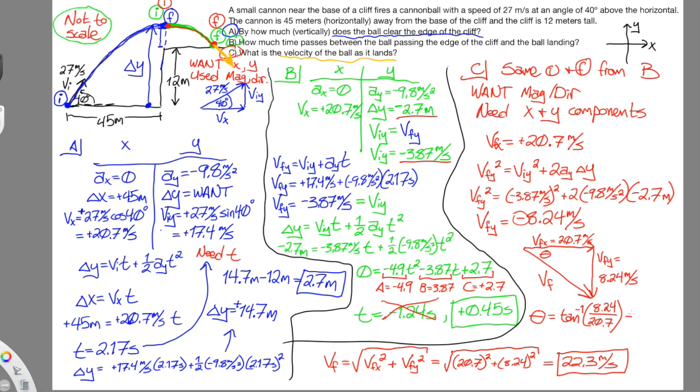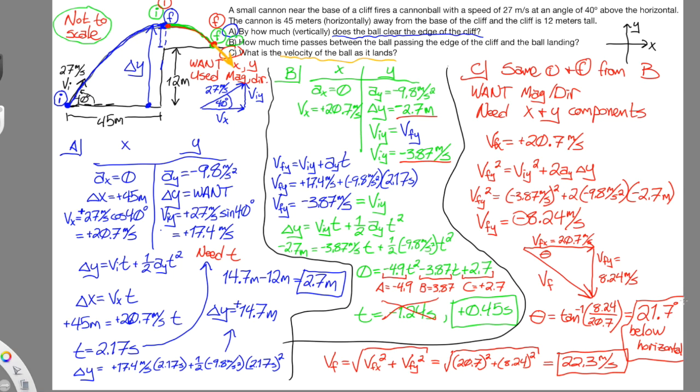I already accounted for them by the direction I drew those vectors. Then do the inverse tangent, and we get 21.7 degrees. All angles need a reference, so the easiest one for this is probably below the horizontal. Almost ran out of room there. And that's the answer to part C.